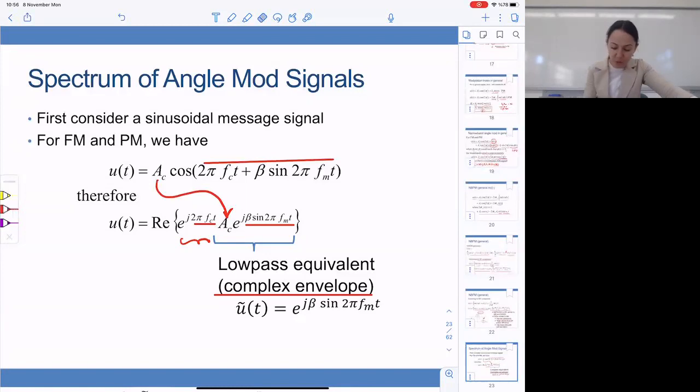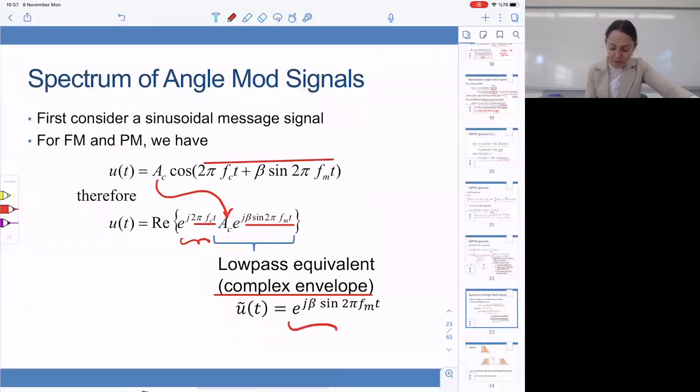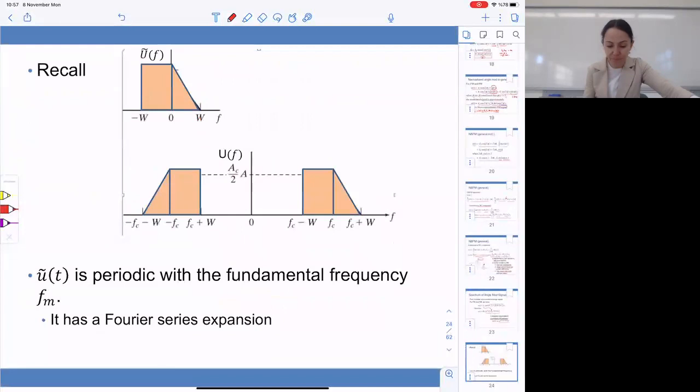Okay, so the complex envelope of our message component is e to the j beta sine 2 pi fm t. Notice that as this is a complex exponential, it is periodic with period 1 over fm. The fundamental frequency is fm.